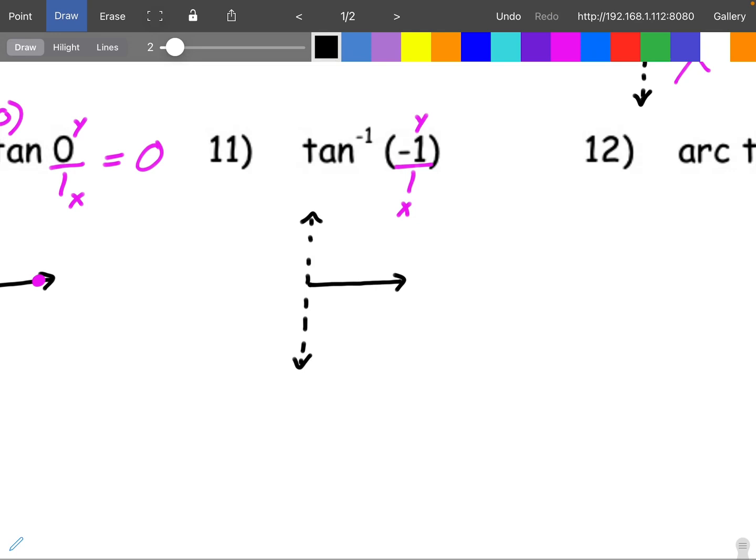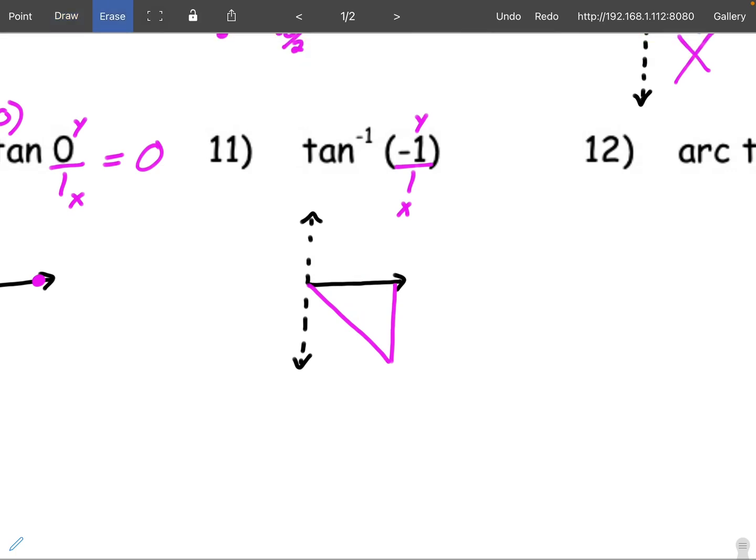So let's back up and think, in which quadrant would my tangent be negative? Remember, in quadrant 1, everything's positive. Sine is positive, cosine is positive, tangent is positive. So it can't be quadrant 1. That means it has to be quadrant 4. In quadrant 4, my x would be positive, my y would be negative. So that would give me a negative tangent.